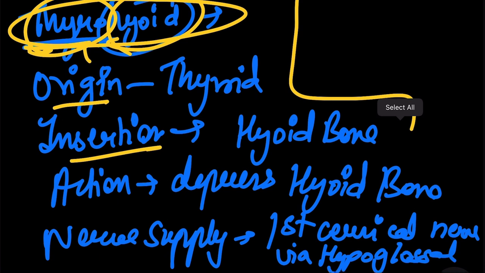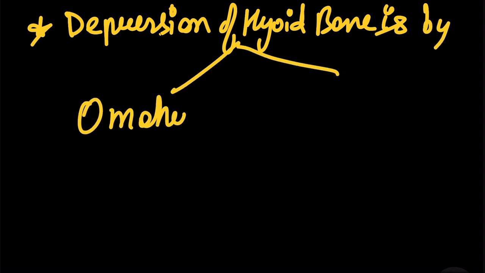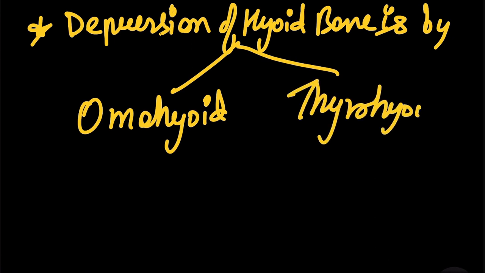Even you can do one thing, you can make a note that in action, depression of hyoid bone is by two muscles, that is omohyoid and thyrohyoid. It is so easy to remember this. Now this part is easy to remember.